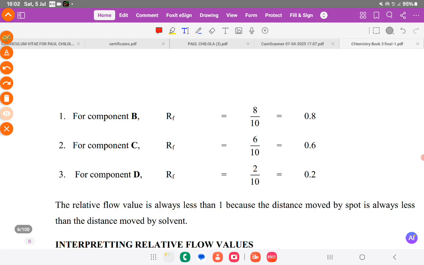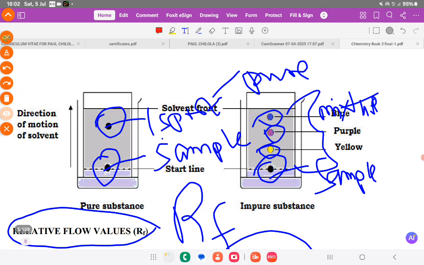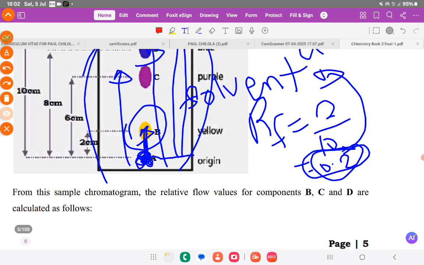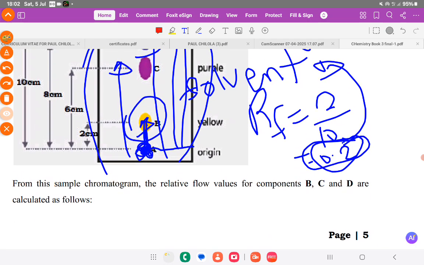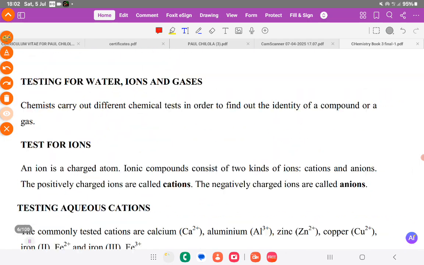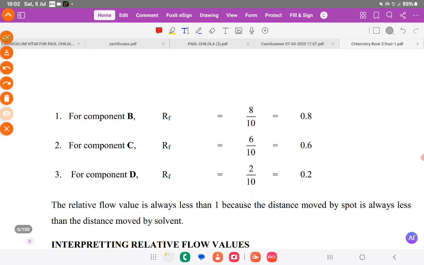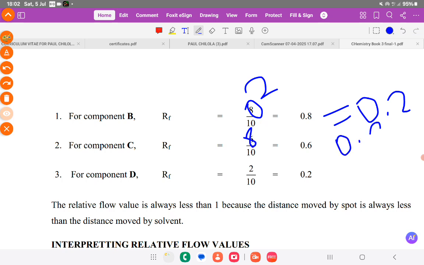So if you go back, component B has a distance of 2. All right, 2. It's not 3, it's 2. So that means it's going to be 0.2. That of C is 8, so it will be 0.8.